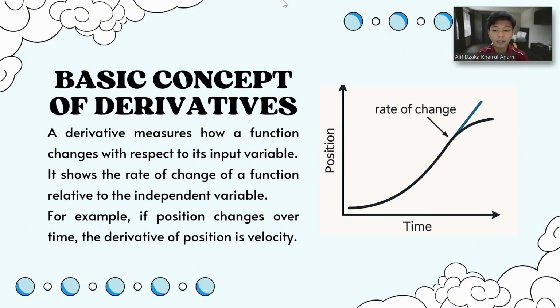For example, for change over time, the derivative of position is velocity. And this is the rate of change. This axis up is the position and this axis to the right is time.